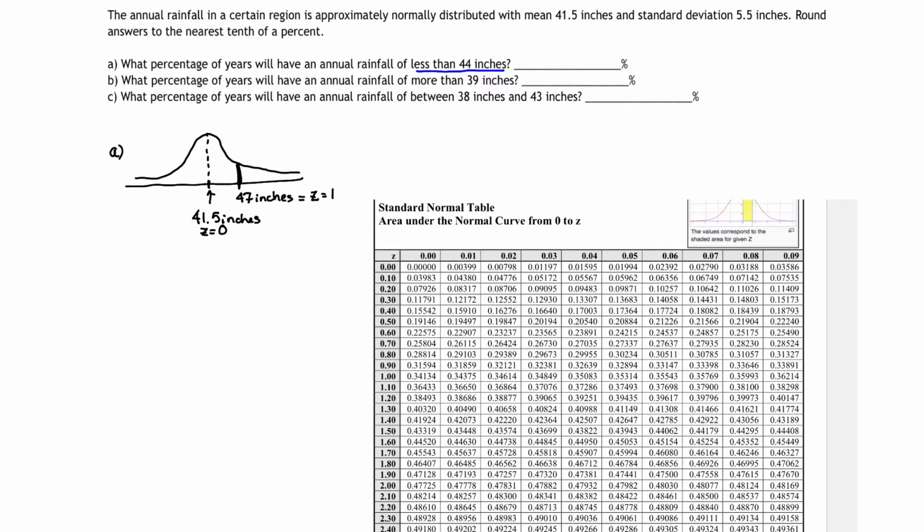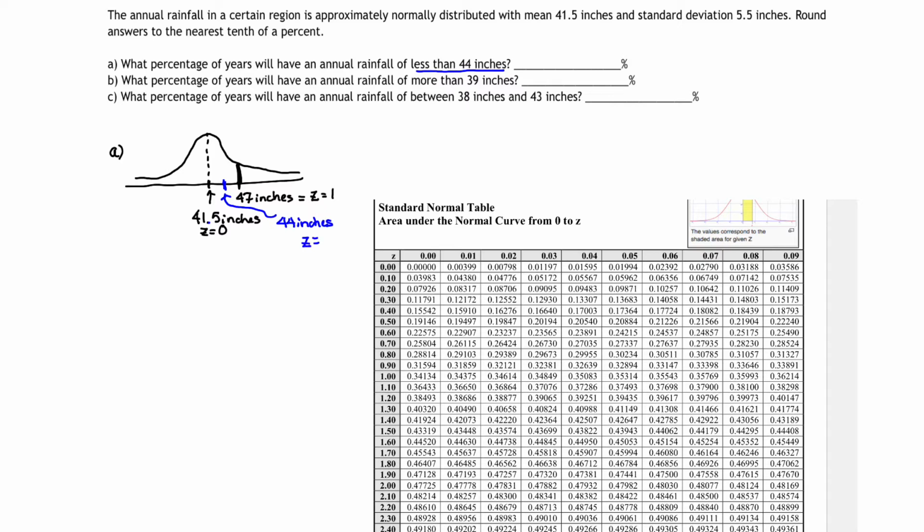I've got my z equal 1 sitting here at 47 inches, and I'm asked what percentage of years will have an annual rainfall of less than 44 inches? Well, I can see now that 44 inches falls somewhere in here, in between 41.5 and 47. So somewhere in here, we have 44 inches, and it corresponds to a particular z value.